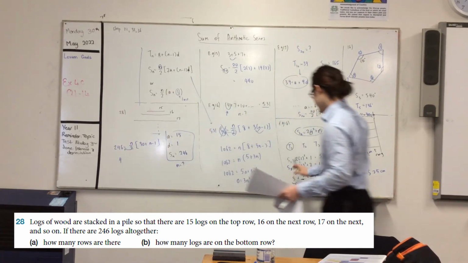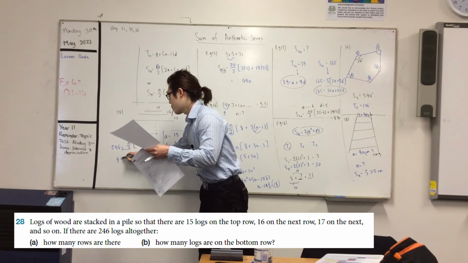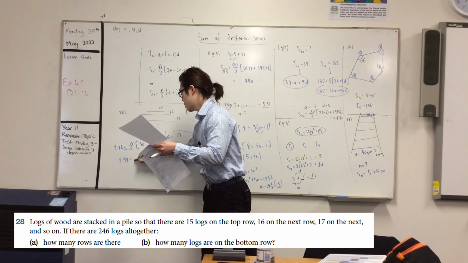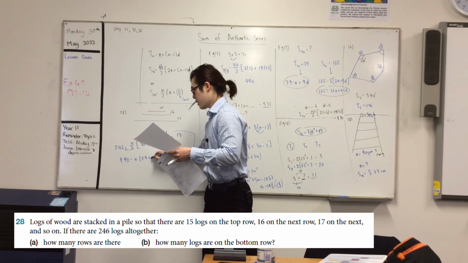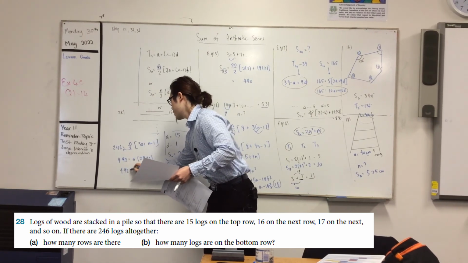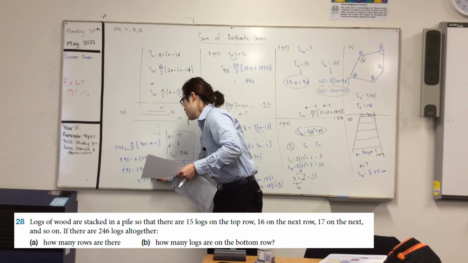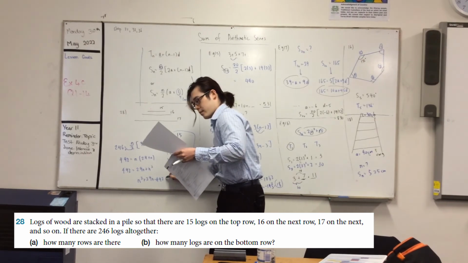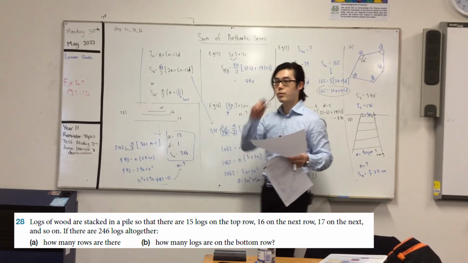It's literally like what I've done here. It's going to be quadratic again, 492. I'll just leave it here, okay? Solve for n using the quadratic formula and you'll get it.